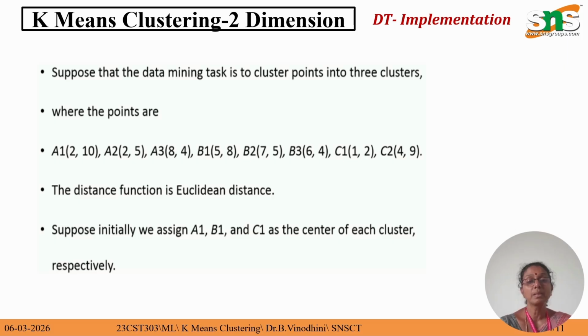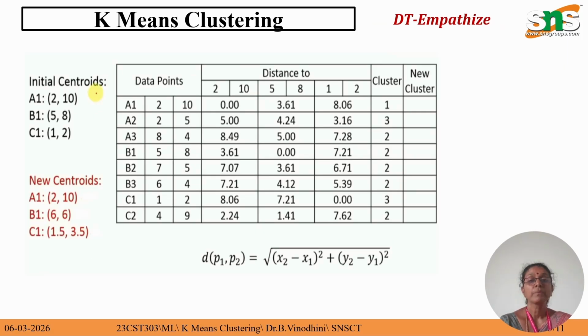Initially we assign the new centroid values of A1, B1, C1 as the center of each cluster respectively. For example, the initial center value of A1 is (2, 10), B1 is (5, 8) and C1 is (1, 2).